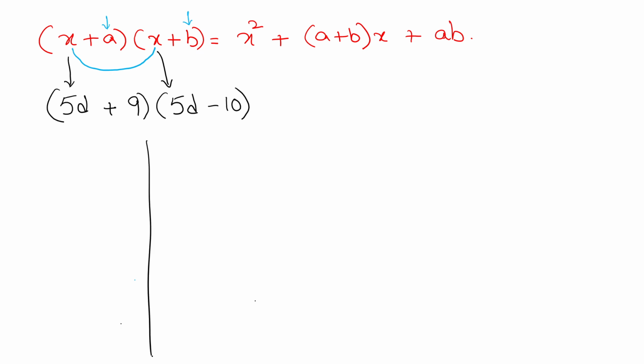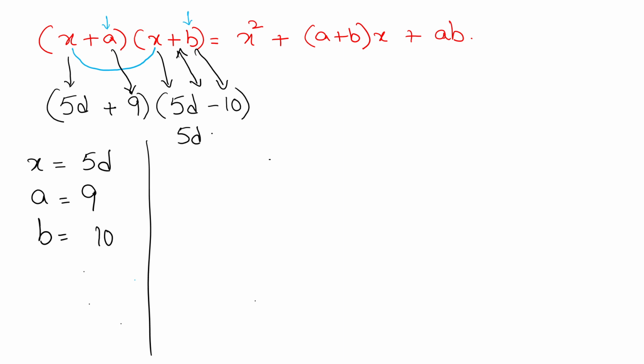So now let us compare. Sir, what is in place of x? 5d. And what is in place of a? Since the signs are same, a is equal to 9. I will not change it. Now what is in place of b? Sir, in place of b I can see 10, but since the signs are not same, can I write this as 5d plus of minus 10?